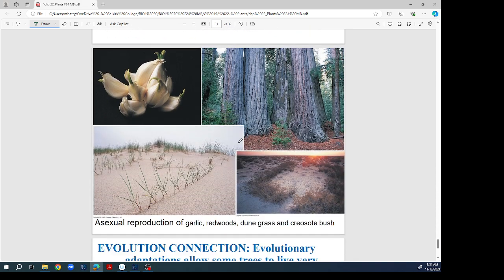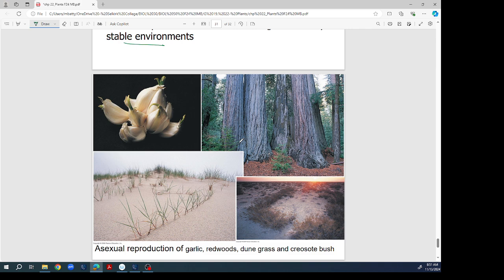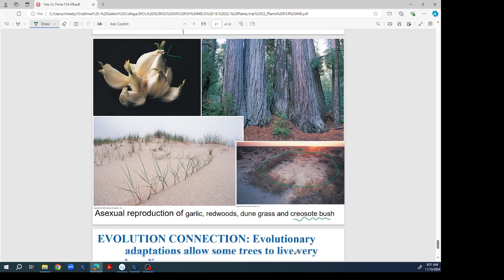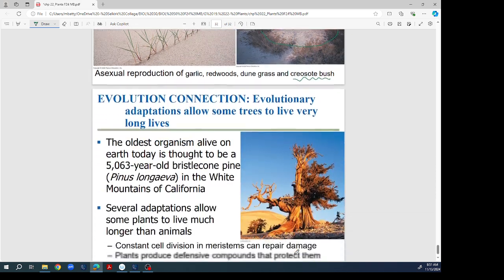Here we have some garlic that is germinating. Sometimes you can find that in my fridge, I know. And then also runners of different things. I have no connection to a creosote bush, but it looks fascinating in this ring type structure. So like I said, you don't have to look far to find examples of asexual reproduction in plants, probably in the room you're in, or if not, your fridge.